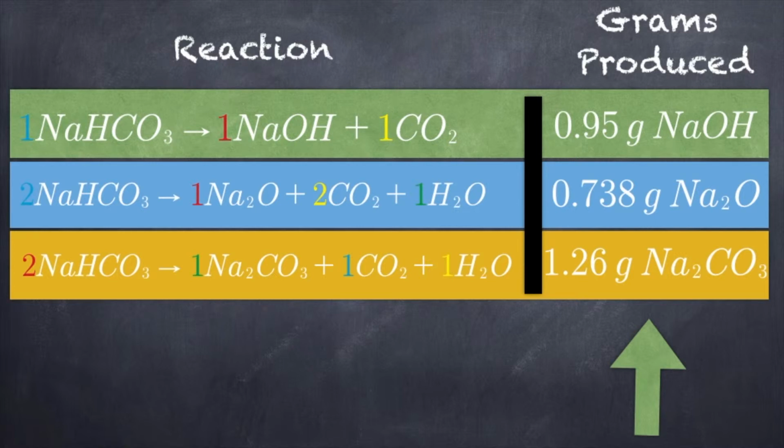So if it was the first reaction, it would be 0.95 grams or something close. If it was the second one, it would be 0.738 grams or something similar. And if it was the third reaction, it would be 1.26 grams or something similar. Alright, so let's go ahead and go to the procedures.